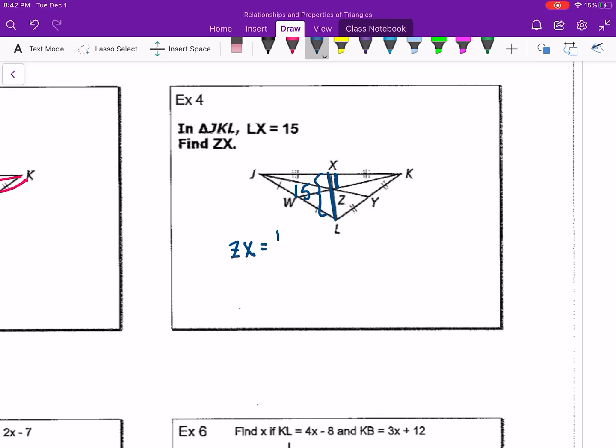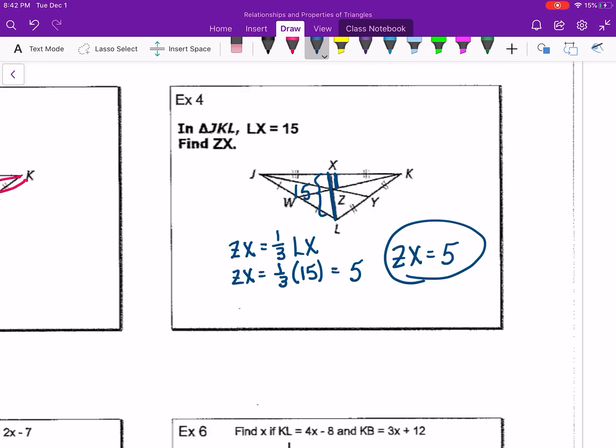Z to X is 1/3 of the way, all the way across. Substitute in what we know. So 1/3 of 15. And this time we can just multiply. 1/3 of 15 is 5. So that short piece is 5 units long.